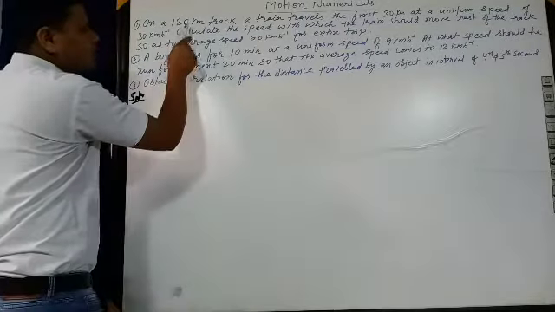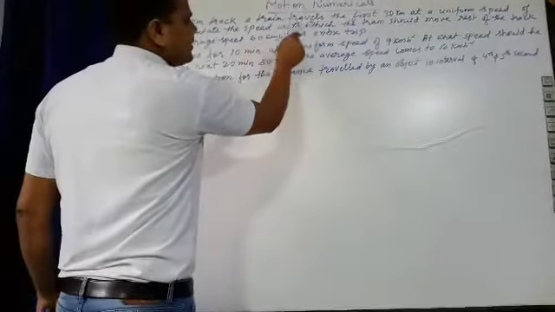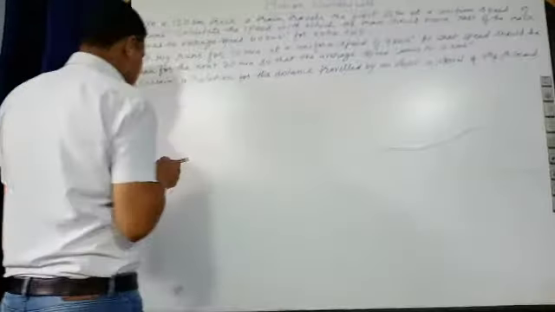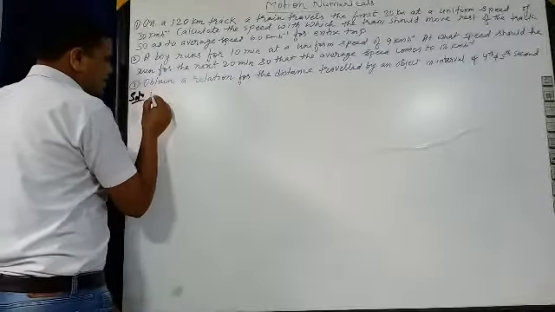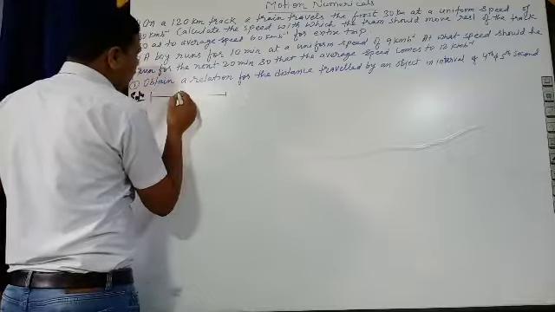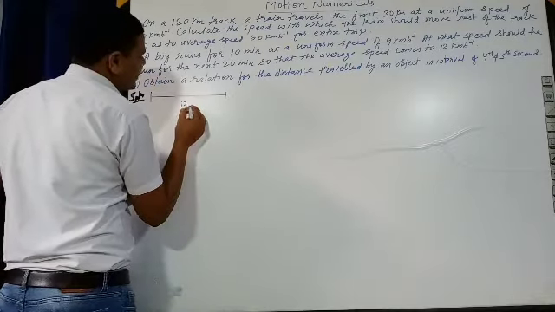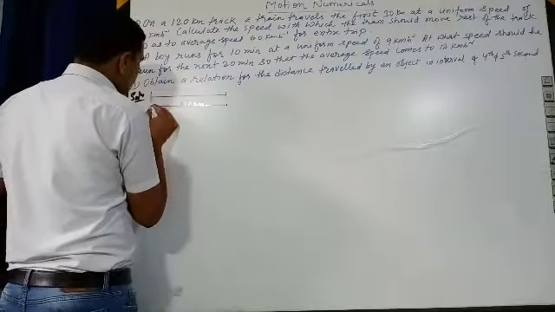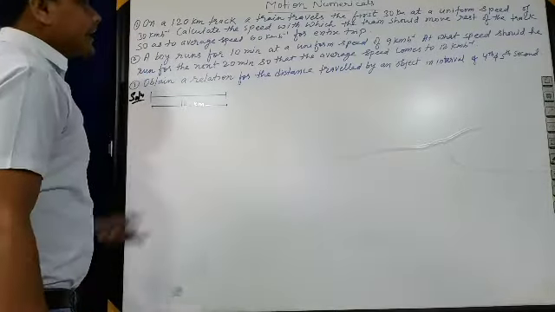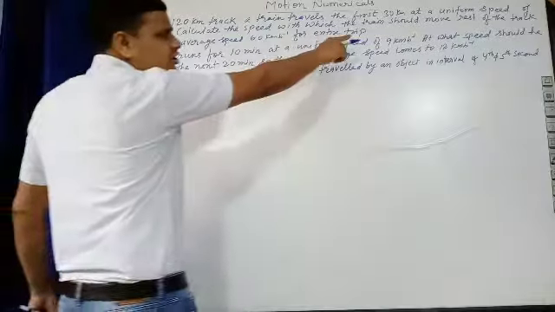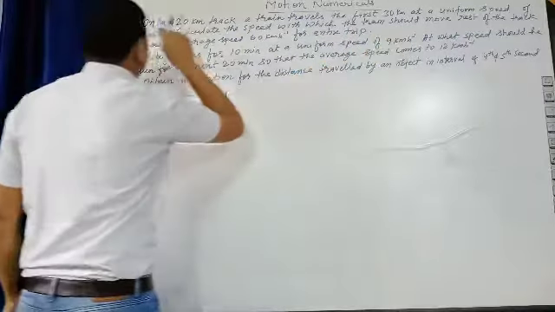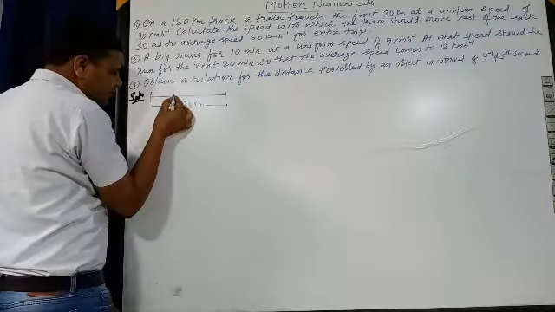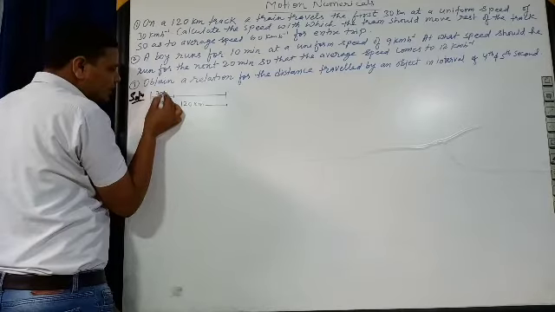On a 120-kilometer track, a train travels the first 30. The question is that there is a track of 120 kilometer. In that track, the first 30 kilometer is traveled at a uniform speed.